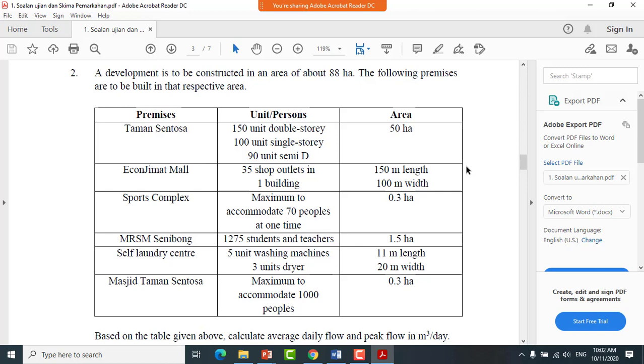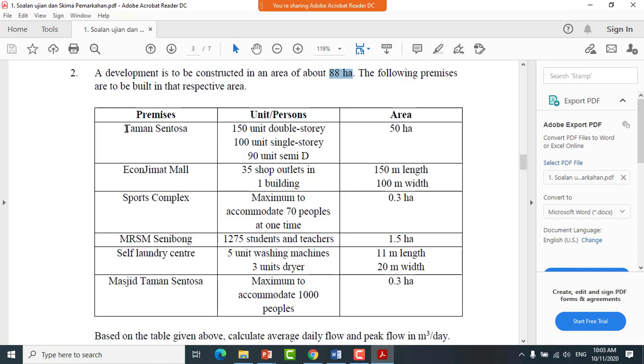We have a development to be constructed in an area of about 88 hectares. This is the total area of the development. Now, the following premises are to be built in that area.